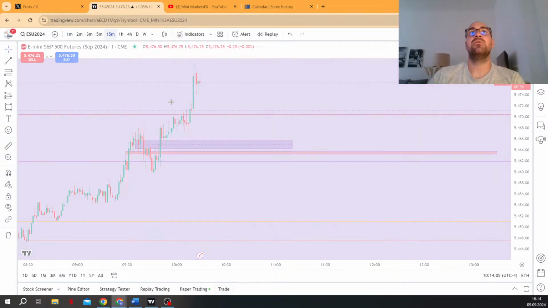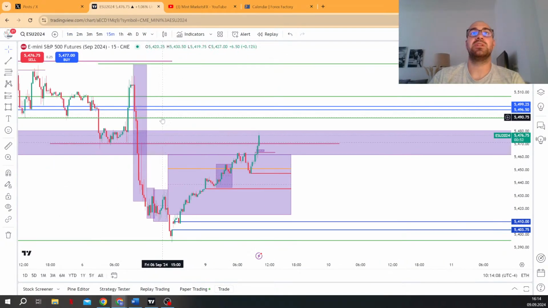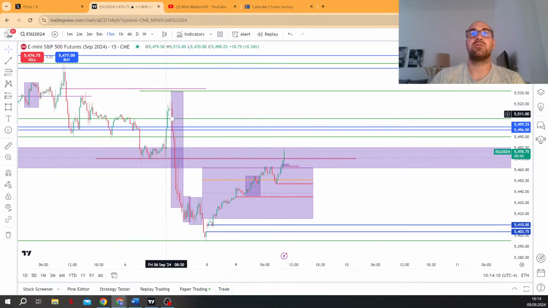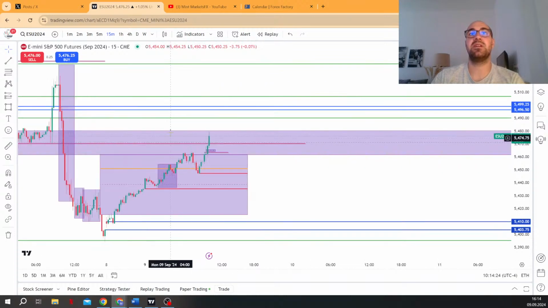Let me see, what is a potential upside target? Okay, potential upside target, of course, is Friday's high. Also, this 5490 level, this old daily low, would be a potential upside target here. Then we have a new week opening gap here, the two blue lines.